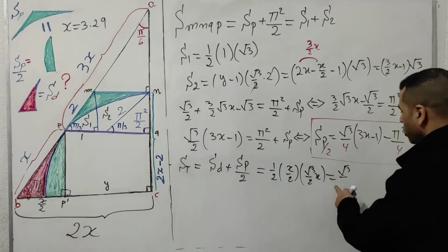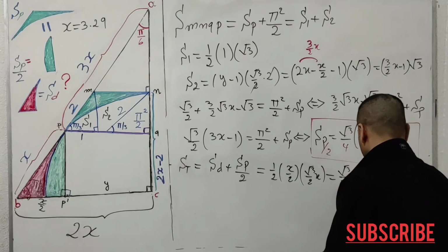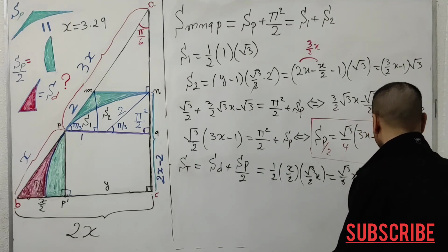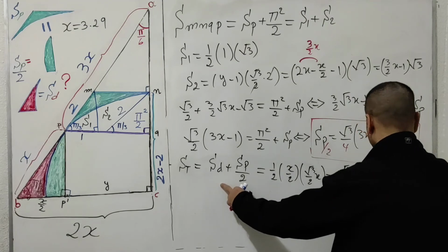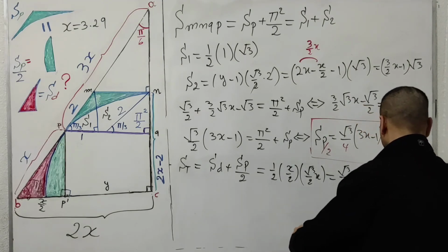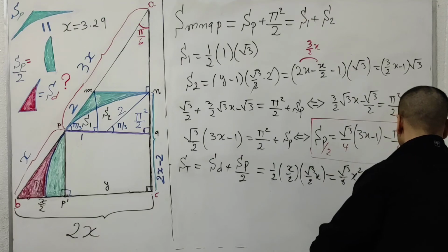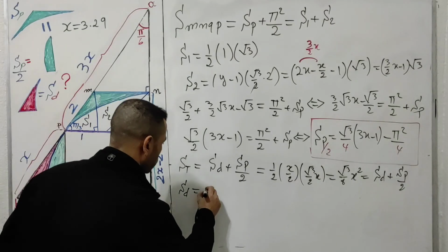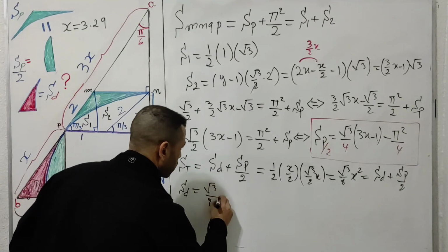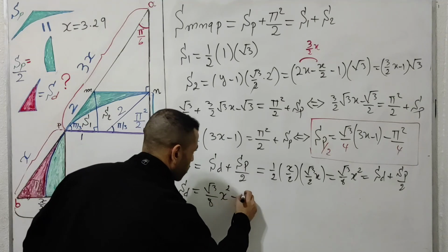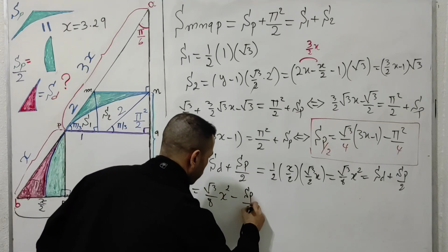After simplification it is given as square root of 3 over 8 x square, equal to this one sd plus sp over 2. sd equals square root of 3 over 8 x square minus sp over 2.